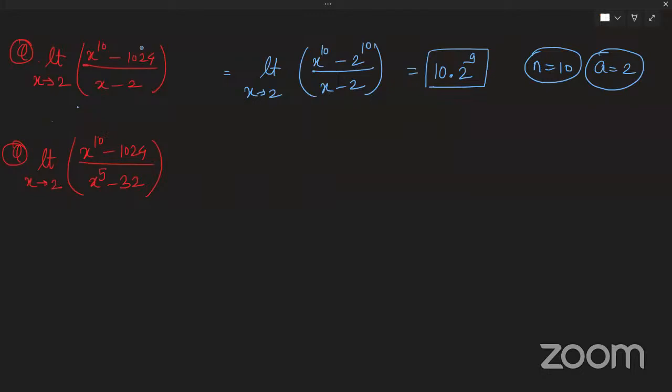Can we think of this? x raised to 10 minus 1024 divided by x raised to 5 minus 32. How can we do this?